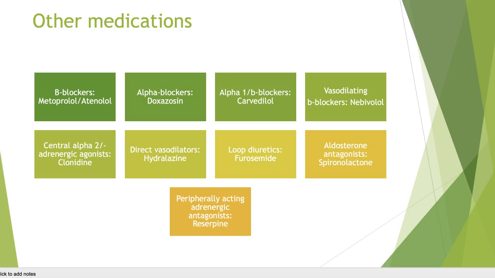A direct vasodilator that works well, and that we sometimes use if a patient comes in extremely hypertensive with symptoms, is hydralazine. There are other loop diuretics that we can use, such as furosemide.